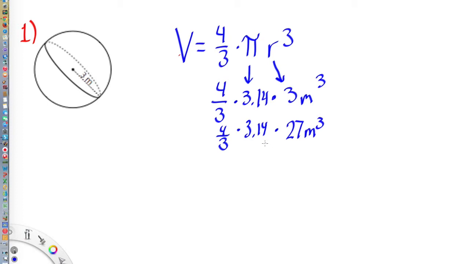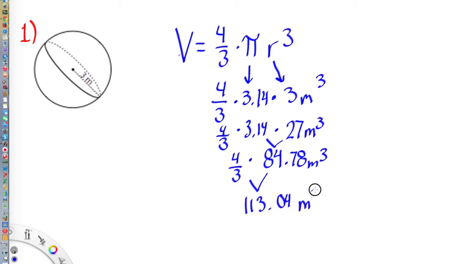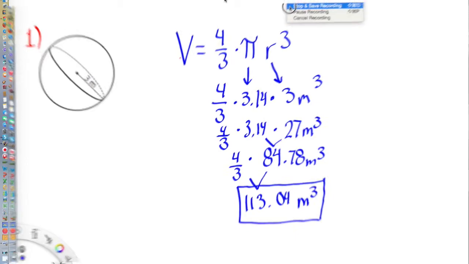When we multiply 3.14 times 27, we get 84.78 meters cubed, or cubic meters, and we still need to multiply that by 4/3. And when we multiply that by 4/3, we're going to get 113.04 meters cubed. And that is the volume of a sphere with the radius of 3 meters.